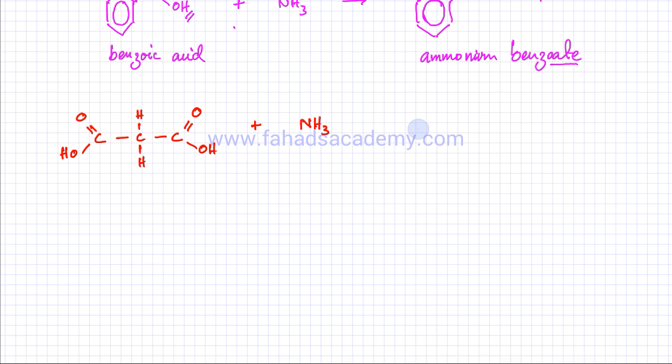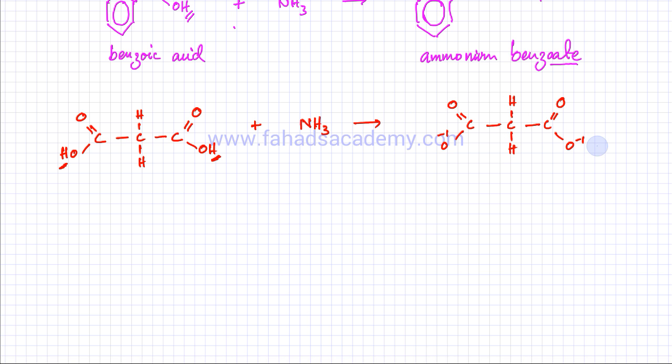Now the ammonium salt is going to be produced in exactly the same way. The 2 hydrogens in the carboxylic acid functional groups are going to get displaced, and this would be my propanedioate ion. So that's C double bond O minus 1, drawn without the 2 hydrogen ions. And I have these hydrogens.